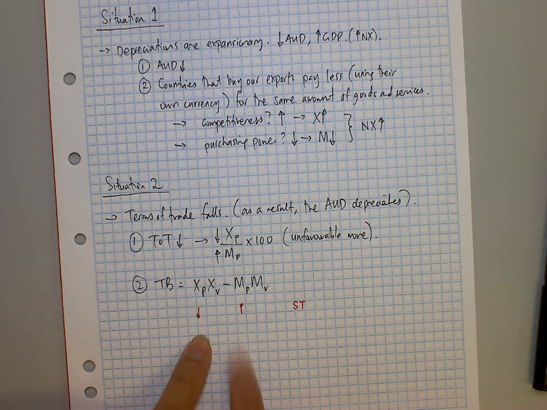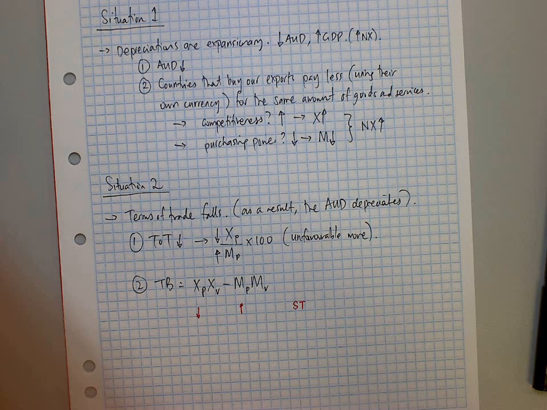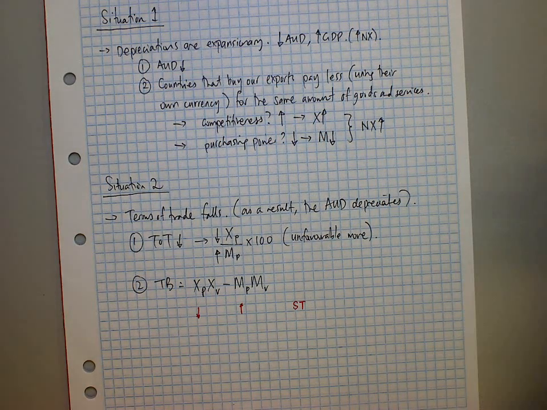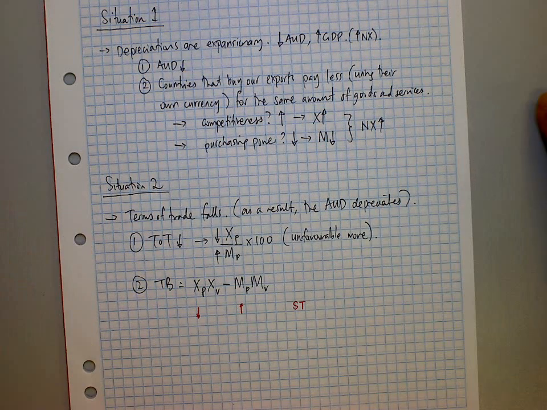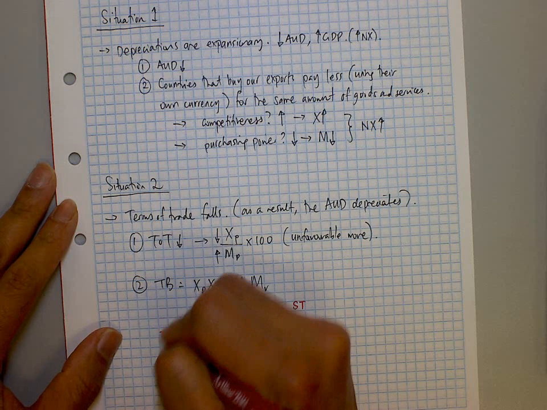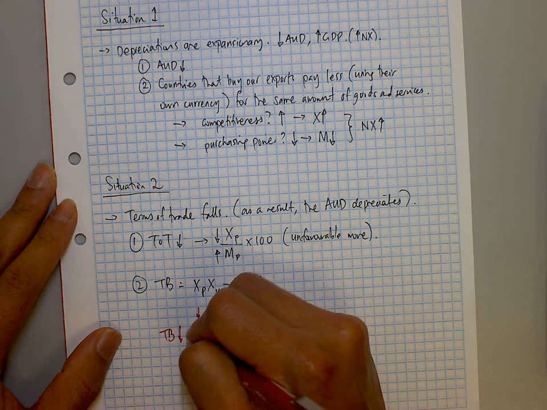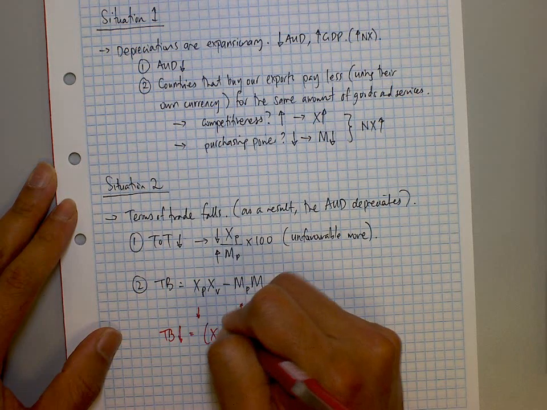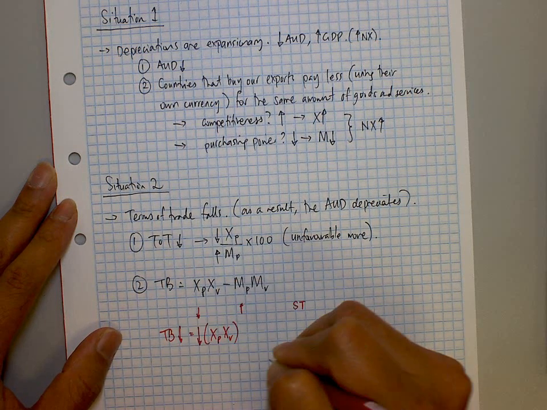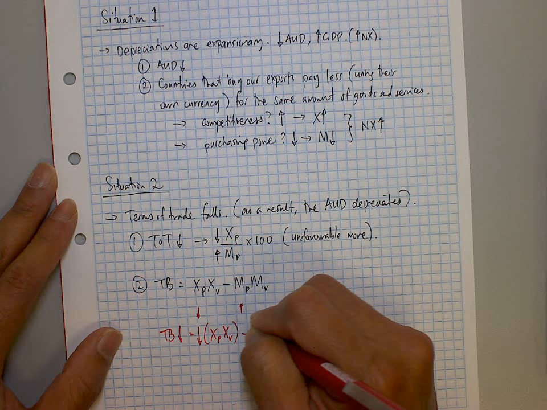So both can happen or each can happen. It depends on the situation, but let's just assume both happens. If that occurs, then the trade balance would fall. Because the total, so export prices would fall, and import prices would increase.